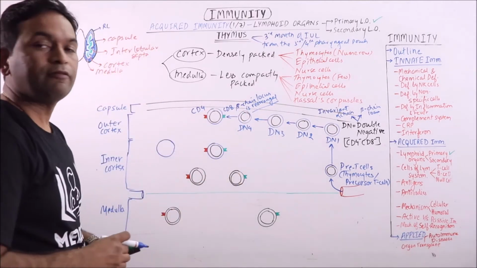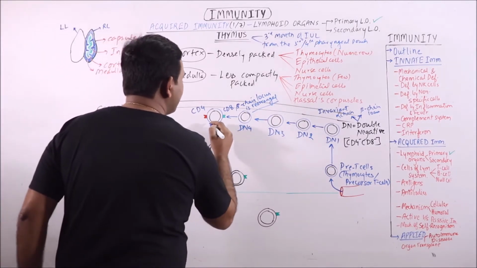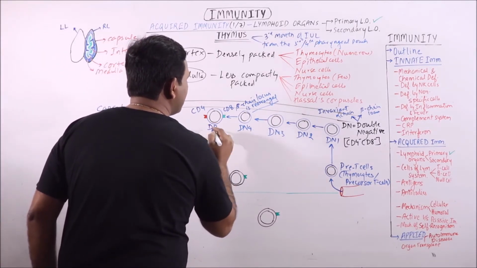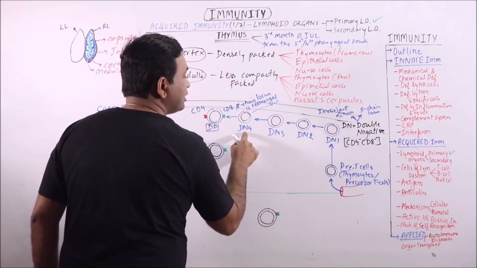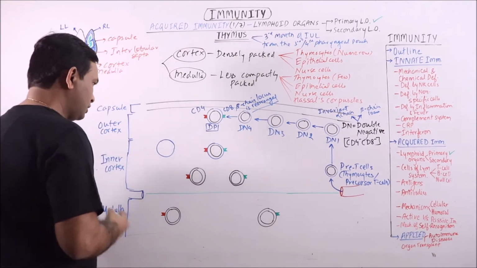So as soon as the CD4 and CD8 both receptors are formed on the T cell, they will become double positive from double negative. Now they are having CD4 as well as CD8.